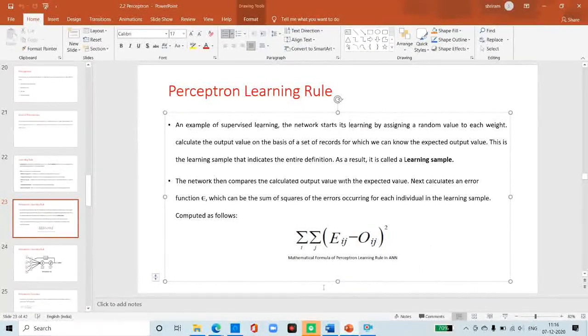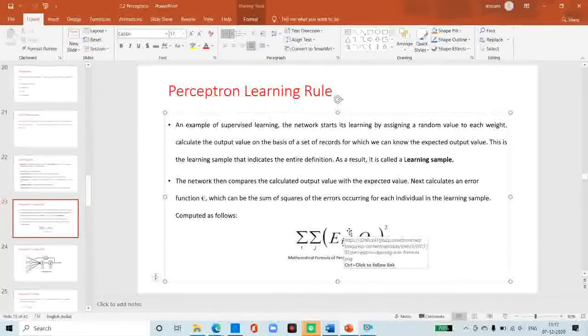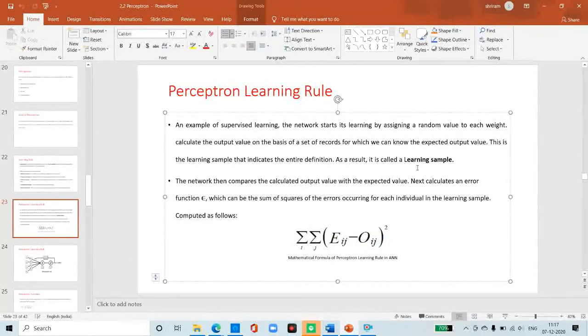The network then adjusts the weights of the different units, checking each time to see if the error function has increased or decreased. As in conventional regression, this is a matter of solving a least squares problem.